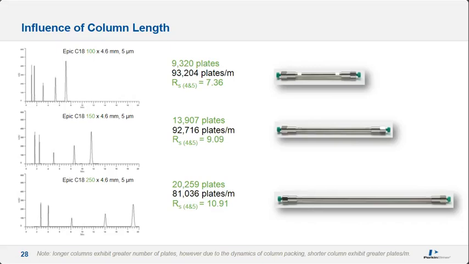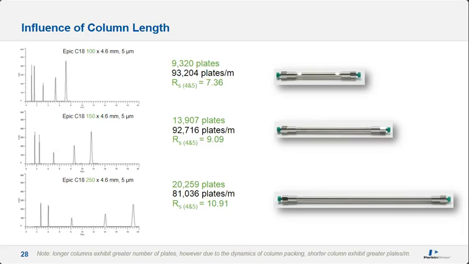We do have higher plates per meter with the shorter columns because of packing efficiency effects. But in terms of plates per column, the 250 millimeter column shows about 20,000 plates per column, where a 100 millimeter column has about 9,000 plates per column.